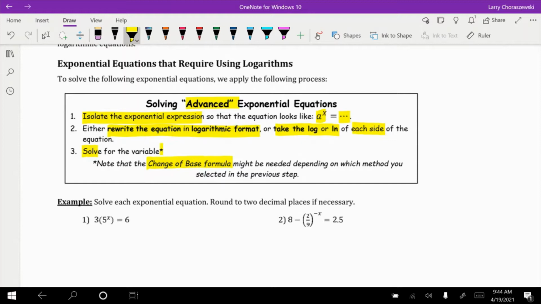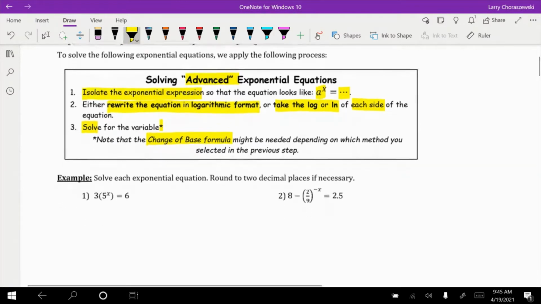You can actually use any base that you want, and in some instances, when you choose the proper base, it leads to easier math. We'll see an instance of that with problem 1. Just know that if you're asked to approximate your final answer to 2 or 3 decimal places, you might need to rewrite your answer using the change of base formula to get something you can actually type into your calculator.